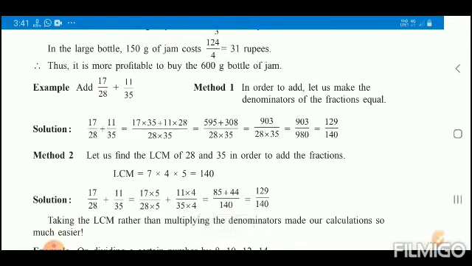Here they have given the addition of the fractions 17 upon 28 plus 11 upon 35. Method 1: in order to add, let us make the denominators of the fractions equal. Already you have studied this method in the previous standards.